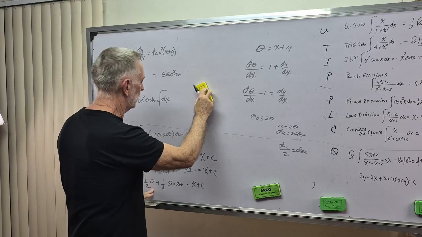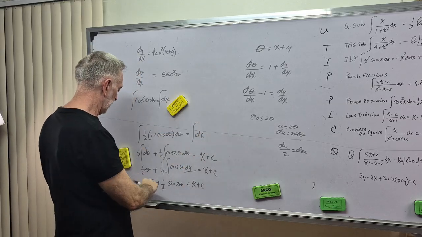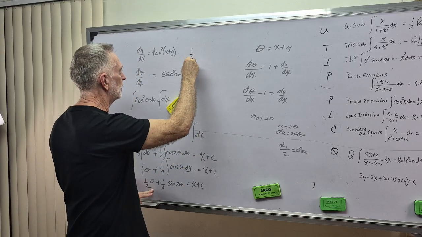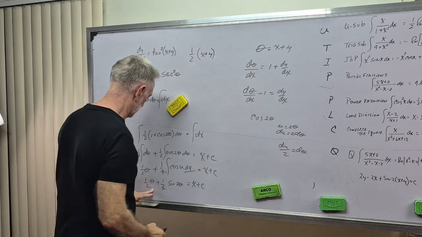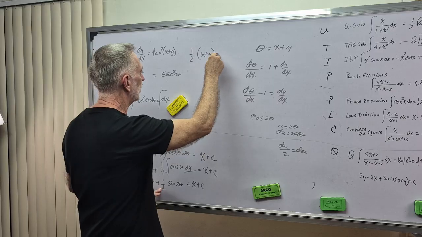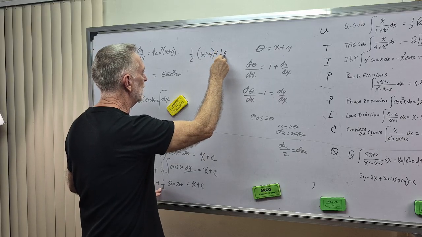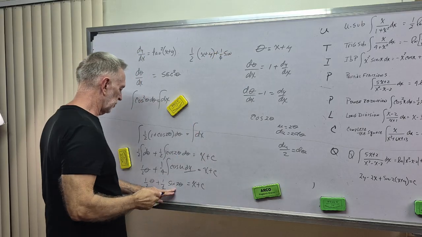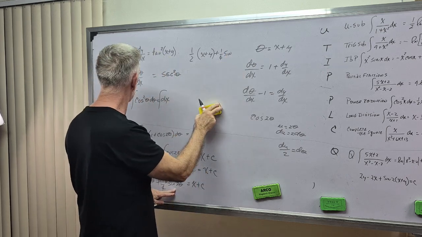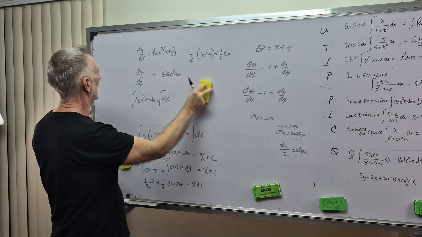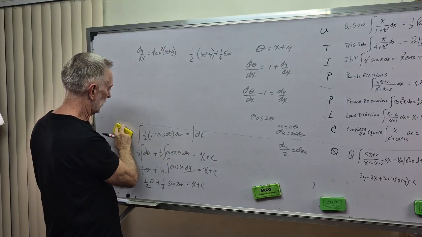All right, let's go up here. We have 1/2 theta. Well, theta was x plus y. Plus 1/4 sine 2 theta. I'm running out of room. Let's go right here.